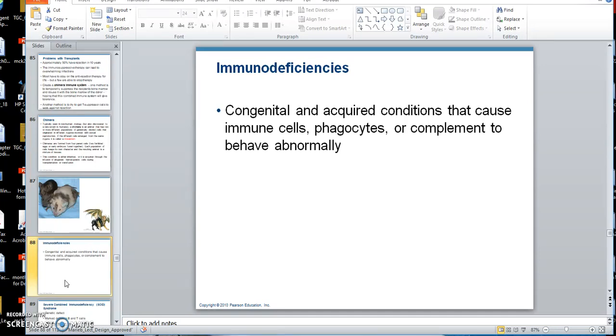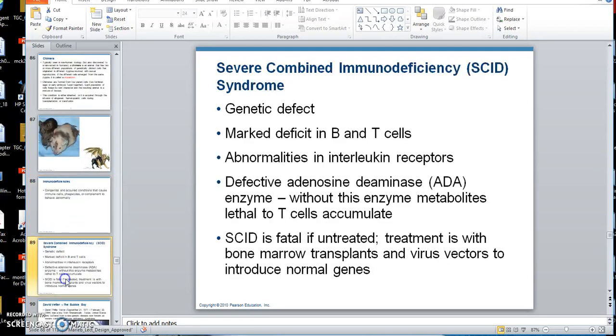Okay, so we have congenital and acquired. Congenital would be at birth. One, this is a congenital one, is severe combined immunodeficiency syndrome, SCID. Now that's a rough one because you have a genetic defect in that case, and you have a marked deficit in all of your third line, B and T cells.